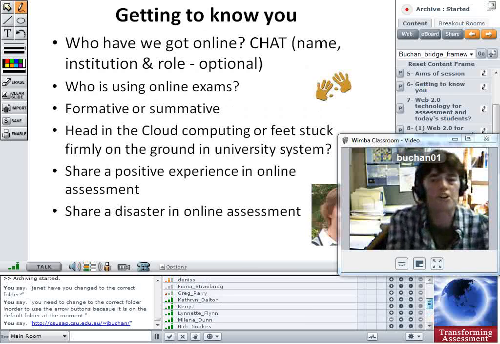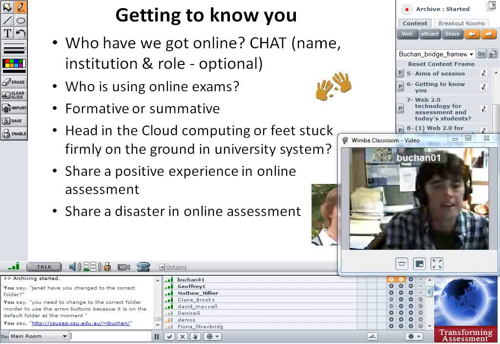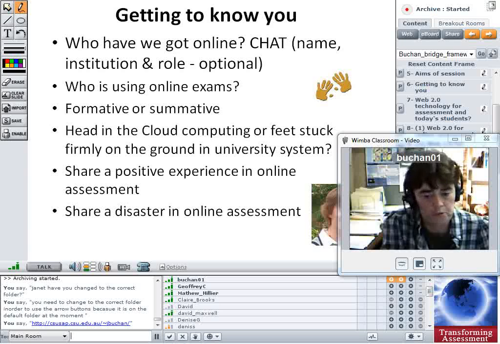So just a bit of getting to know you. We can certainly see some names that are online, and I know that we're all familiar with the institutions that we belong to. I know that we have a group from USQ that's joined us. So perhaps through the chat tool, you can just put your institution and perhaps your role, optional.